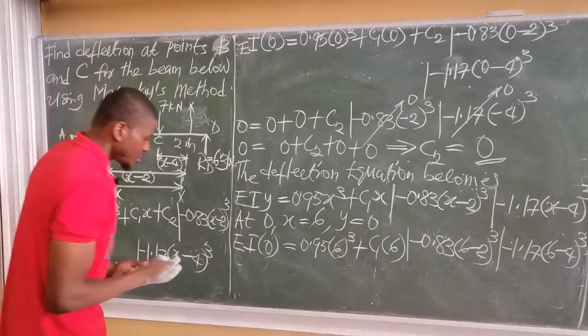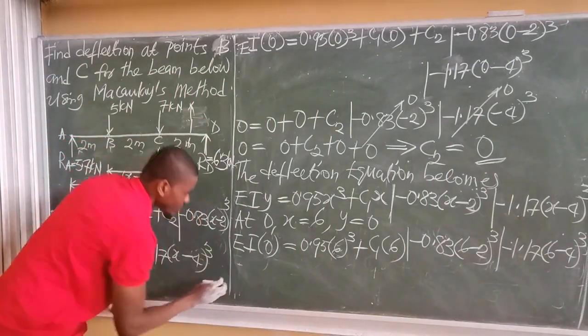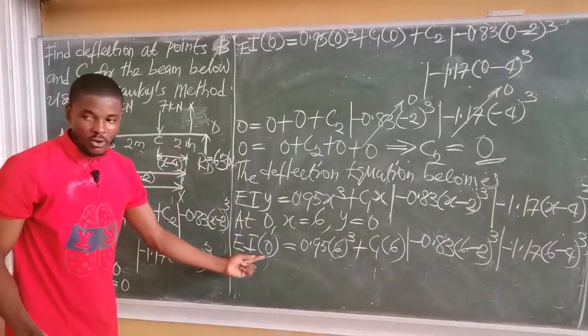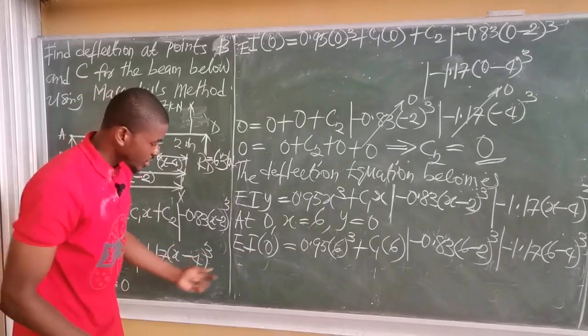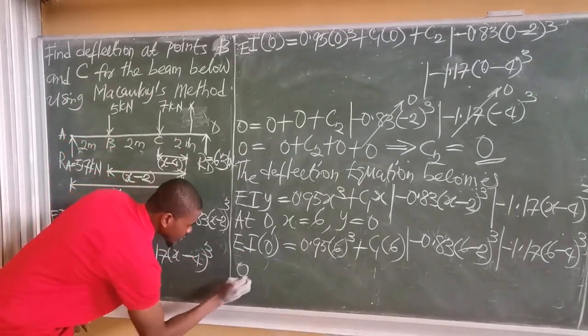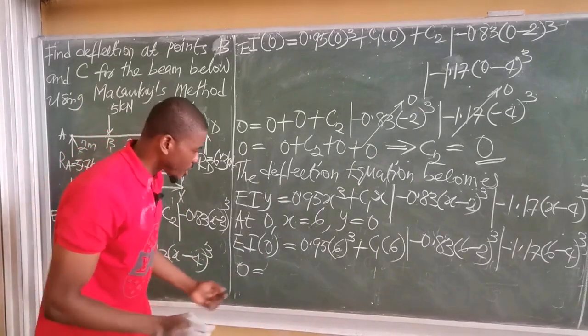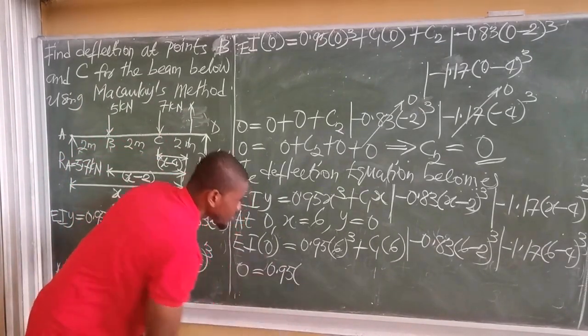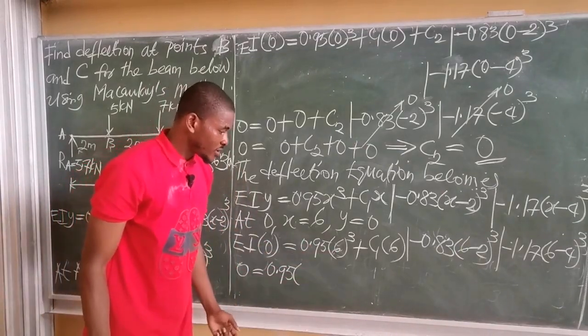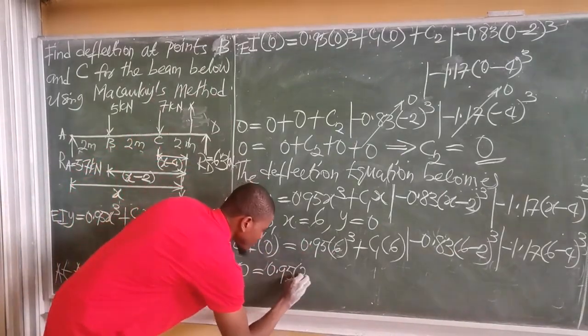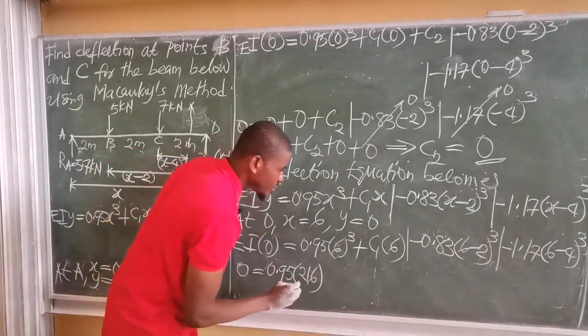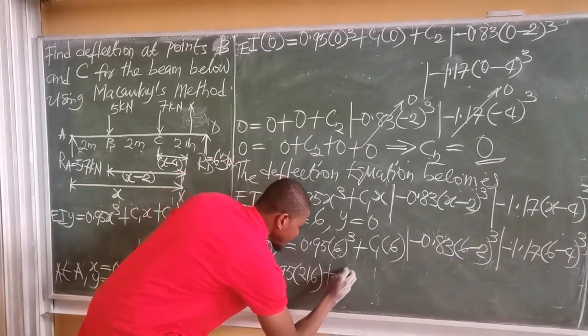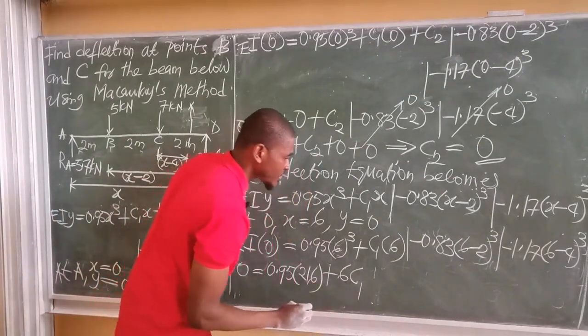All right, EI times 0 automatically becomes 0. So I simply have 0 equal to 0.95 multiplying 6 cubed, 216, plus this becomes 6C1.